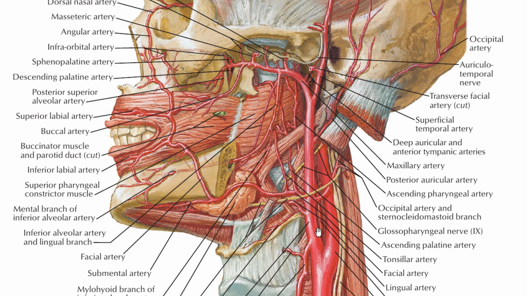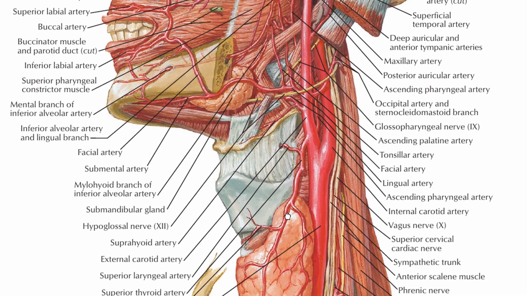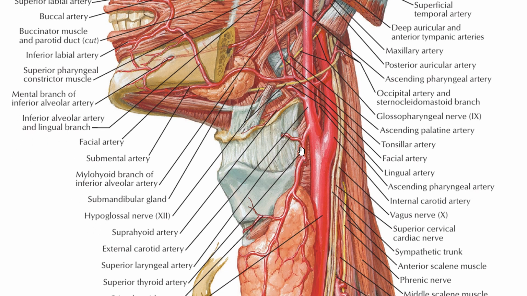So what we have discussed: the ascending pharyngeal from the medial surface, and from the posterior surface the occipital artery and posterior auricular artery. On the anterior surface of this external carotid artery, here we have got a superior thyroid artery, because it is supplying the superior part of the thyroid gland.